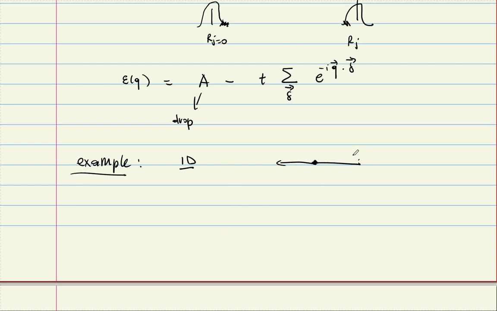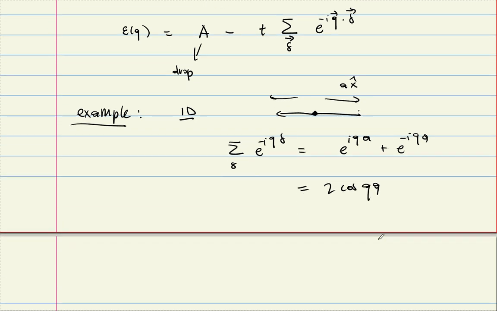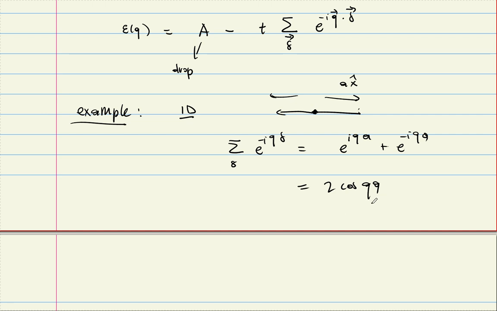So I can hop it like this, and I can hop it like that, and this sum over delta of e to the minus I q delta is going to be, my delta is a times x hat if you want, e to the I q a plus e to the minus I q a, and this is 2 cosine qa, right? Now that I know the potential, I can write the dispersion like this, cosine qa.